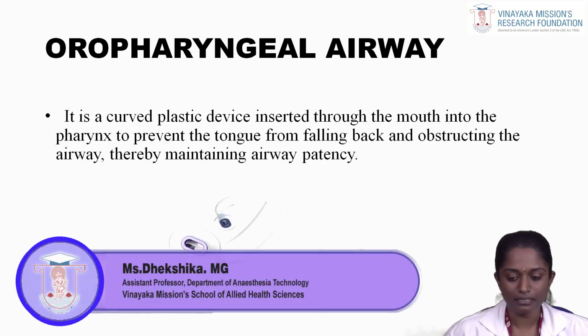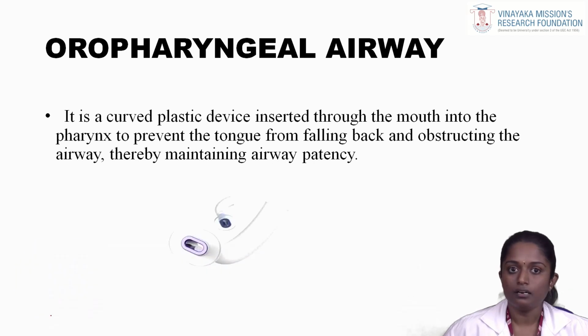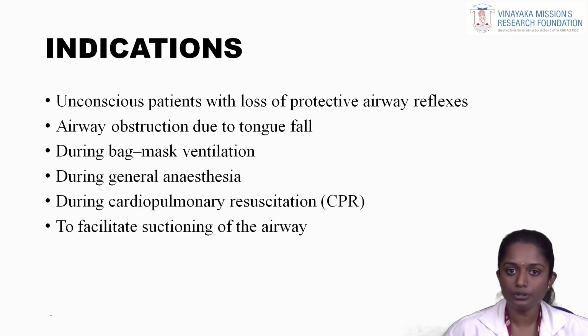Now the indications, where we use this: mainly in unconscious patients with loss of protective airway reflex, airway obstruction due to tongue fall, during bag mask ventilation, during general anesthesia, during CPR, and to facilitate suctioning of the airway.